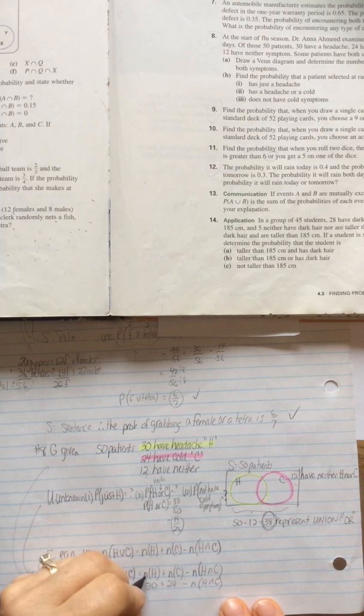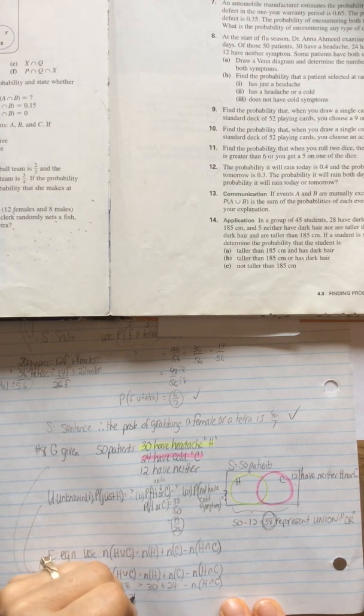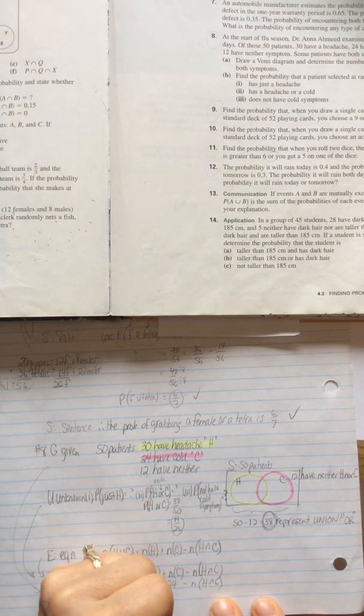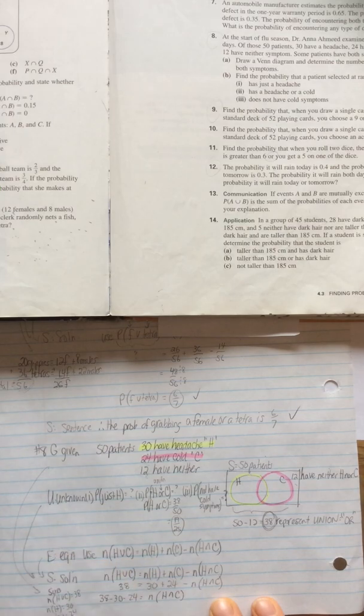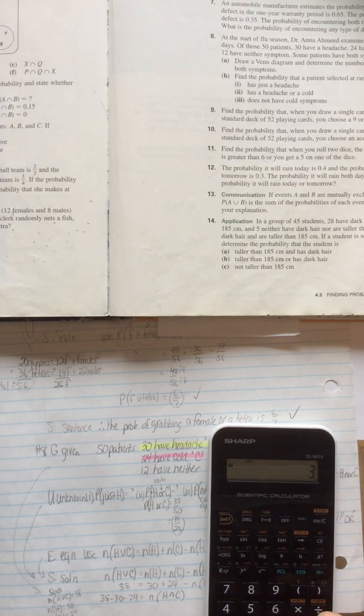Okay, so we move everything over to isolate and solve for the number that have the cold and the headache. 38 minus 30 minus 24.